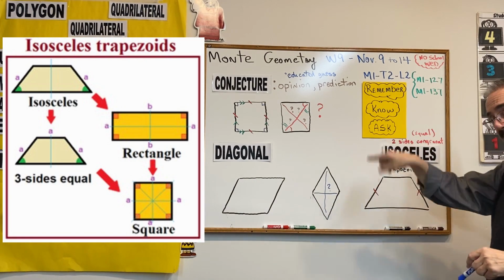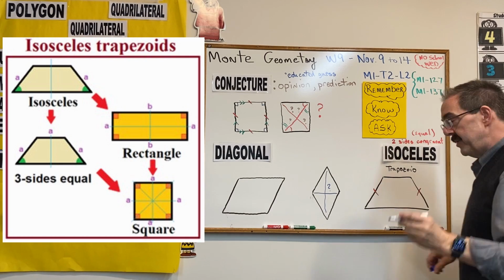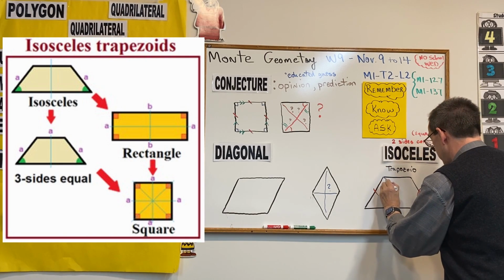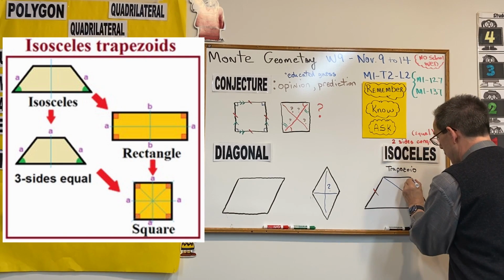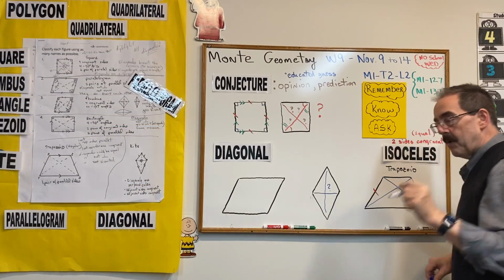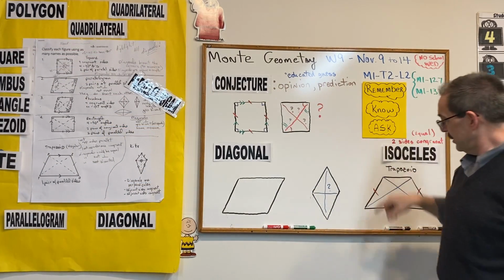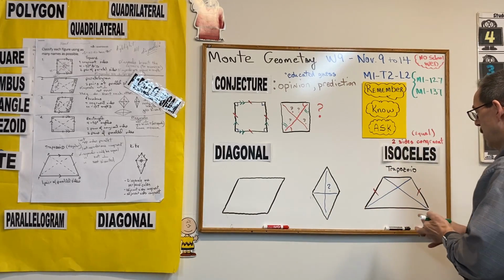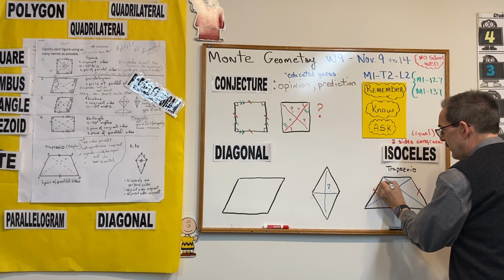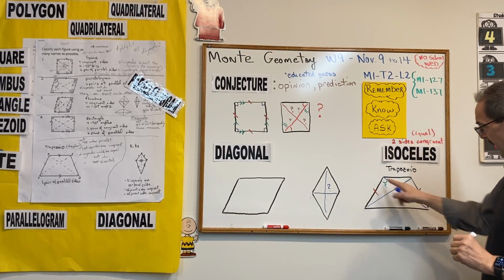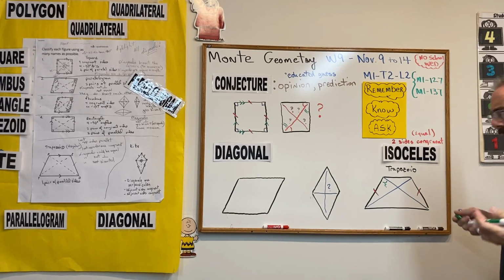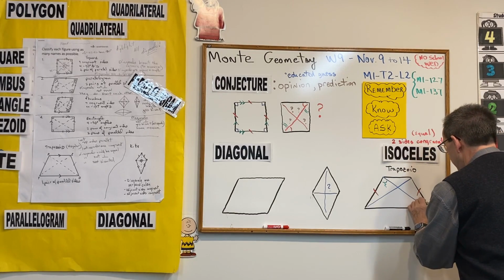The isosceles trapezoid. When we draw the diagonals, I want you to make a conjecture, a prediction. Is this angle of that triangle equal to anything? How about this angle?